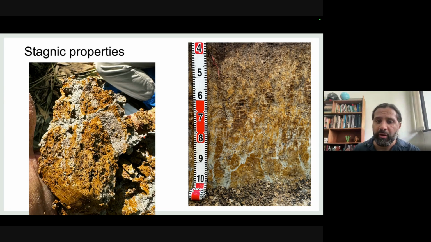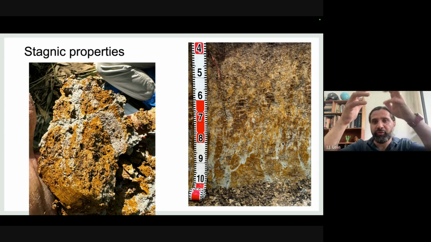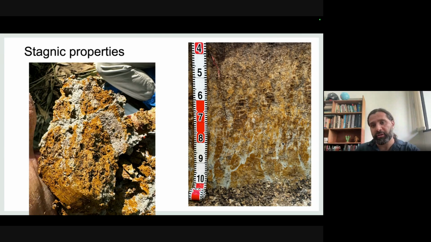So we have heavy rains, torrential rains in the wet seasons, and when water starts to migrate, to penetrate through the soil, this water can reach a layer that avoids water penetration, a very low porosity and a high bulk density. And because of this high bulk density, water cannot penetrate through the horizon.